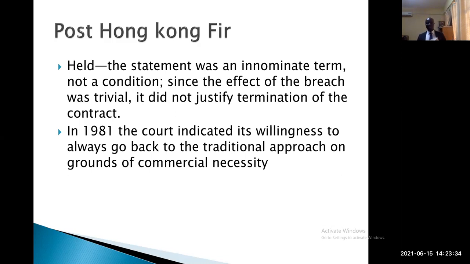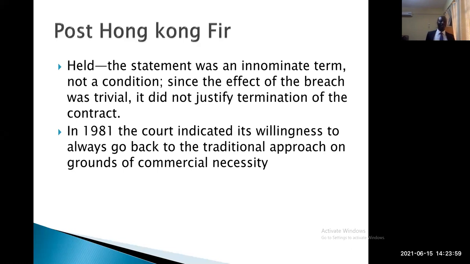So interestingly, in 1981, the court indicated its willingness to go back to the traditional approach, that is, the pre-Hong Kong Fir approach, where a term was either a condition or a warranty, and there was no in between. There was no middle way.